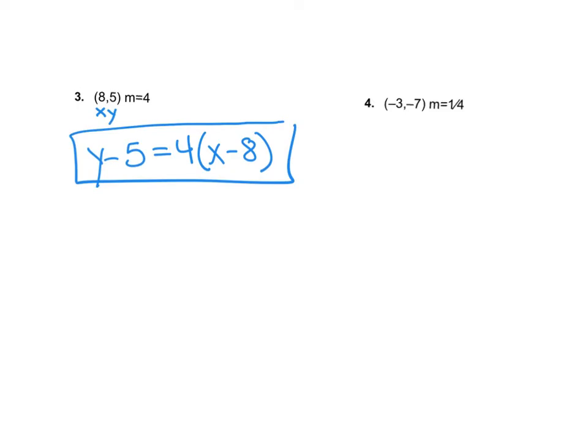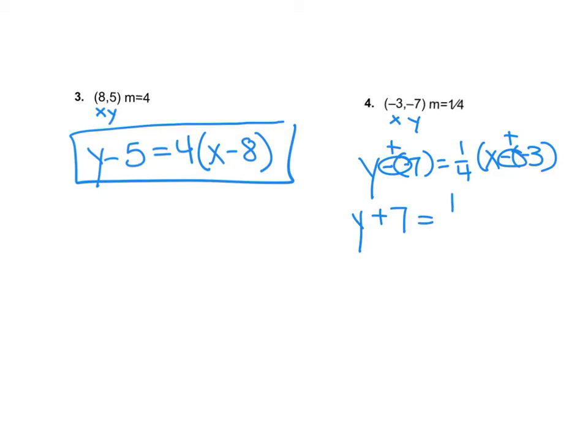All right, so we have our x and our y again, and we have y minus, again, our y is -7, is equal to a slope of 1/4 times x minus -3. And again, let's make sure we clean these up. So two negatives make a positive, and we'll have y plus 7 is equal to 1/4 times x plus 3.